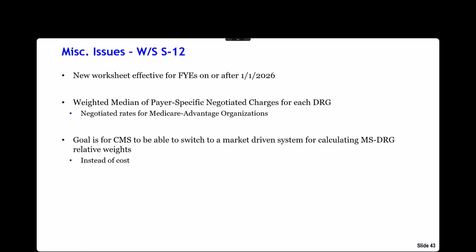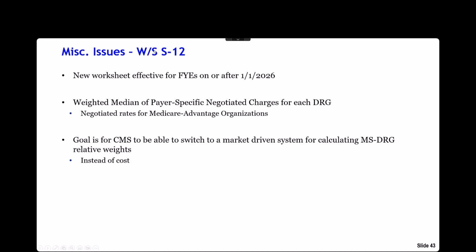And to do that, the best way to do it with Medicare data is to look at Medicare Advantage organizations, because they're kind of Medicare, but they're also working with insurance companies and they have negotiated charges. So it's kind of a subset of the full healthcare market, and it's one that CMS can reasonably access.